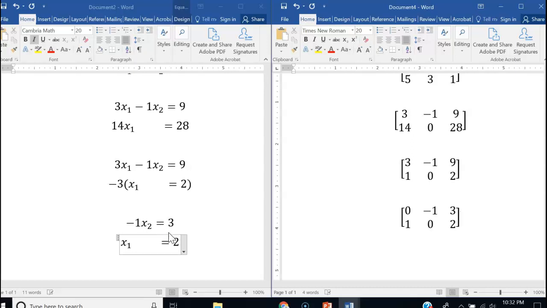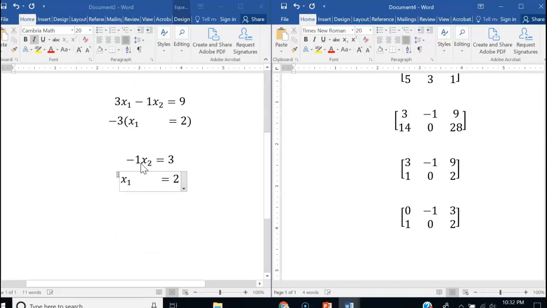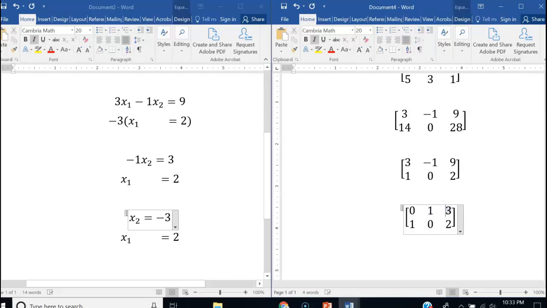Now at this point, on the left-hand side, I would divide by -1 on the top equation to give me x2 is equal to -3. Same thing over here. I'd multiply that top equation, or divide it by -1, whichever way you want to see that. 1x2 equals -3. All right.